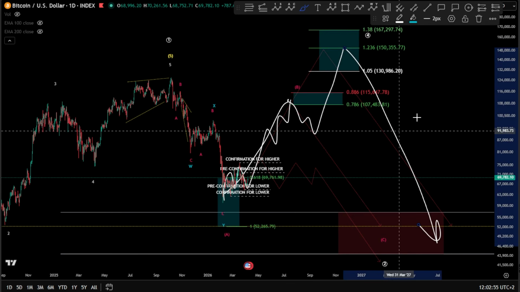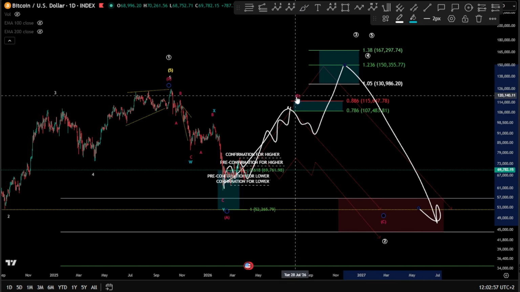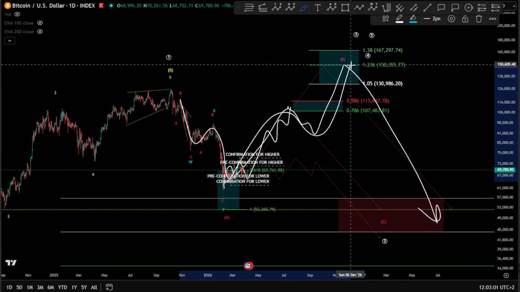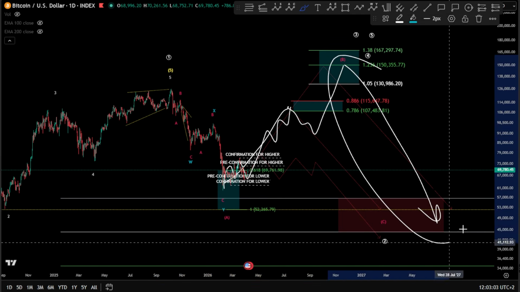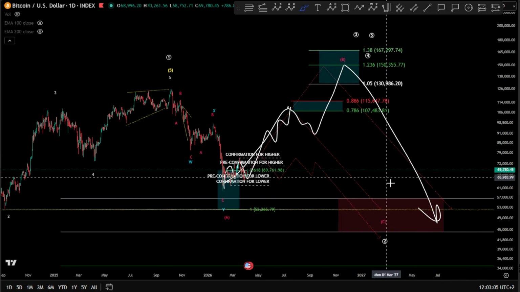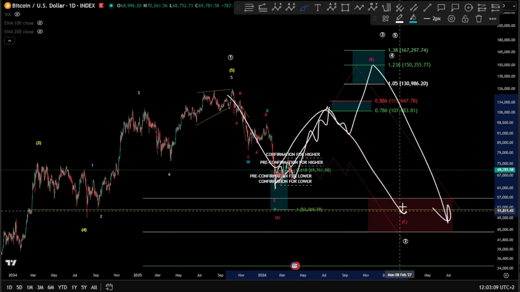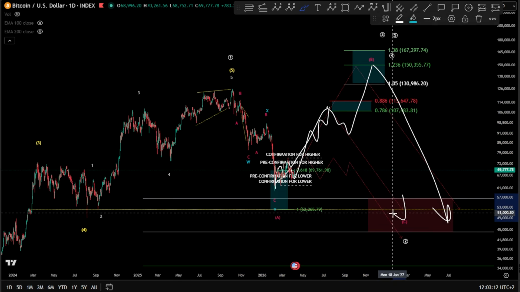And then pushing for lower again, because this might be your wave B as an expanding flat here. 3 ways down, 3 ways up, 1, 2, 3, 4, 5, more aggressive downward, which can come back to the same area that we would have with a normal flat.